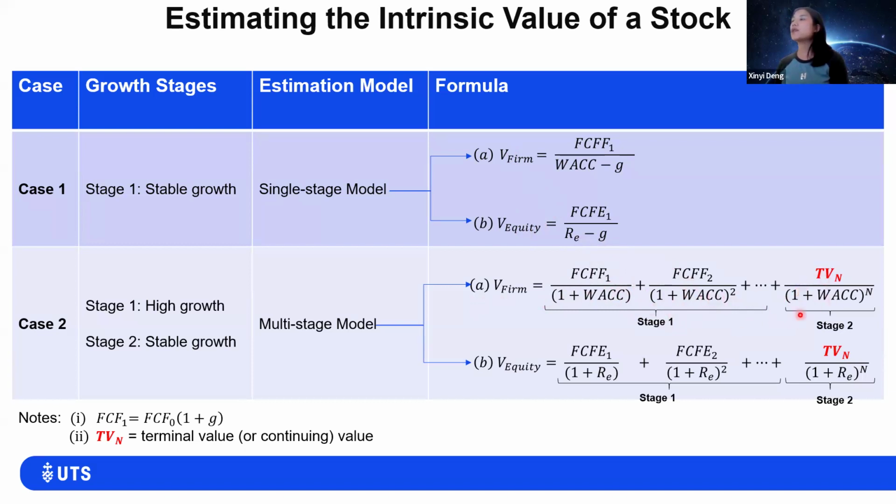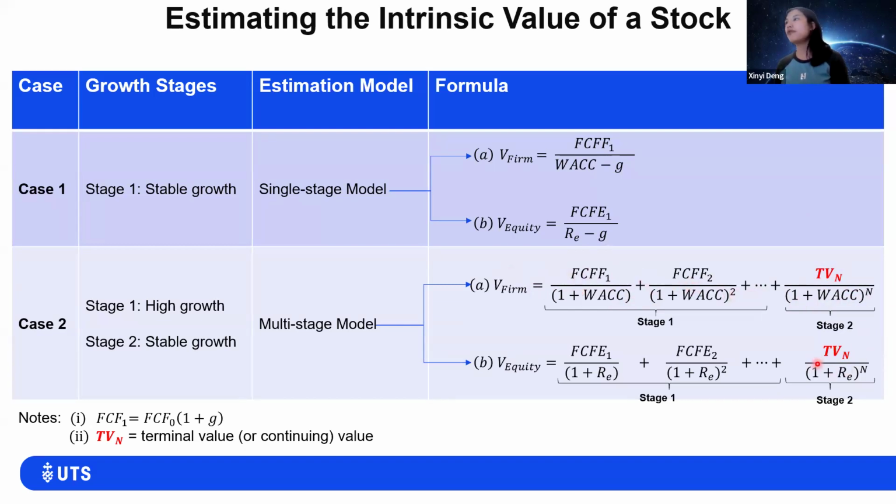For the stage 2 cash flows, we use the terminal value TVN to directly replace those remaining cash flows, and discount TVN back to period 0. So we just use TVN divided by 1 plus WACC raised to the power of n. That's when we do the valuation using FCFF.